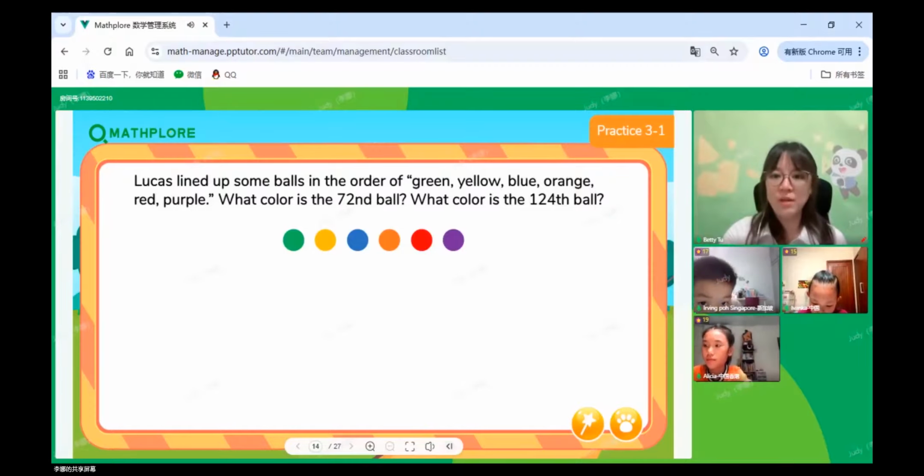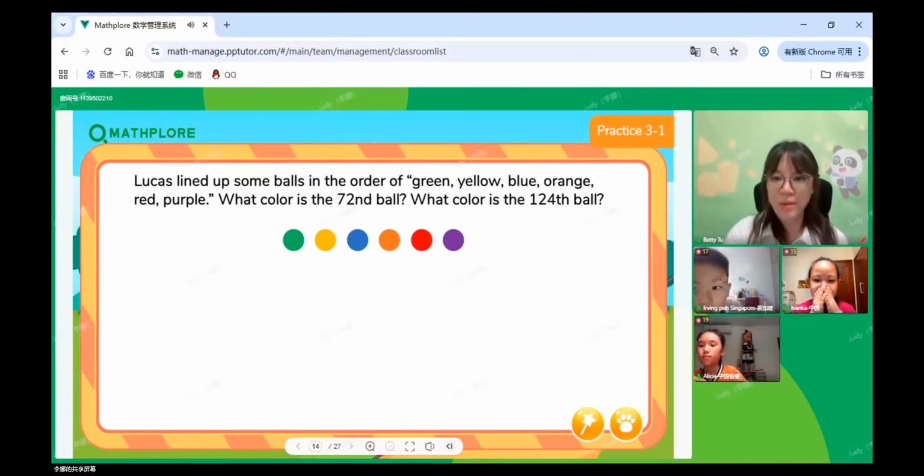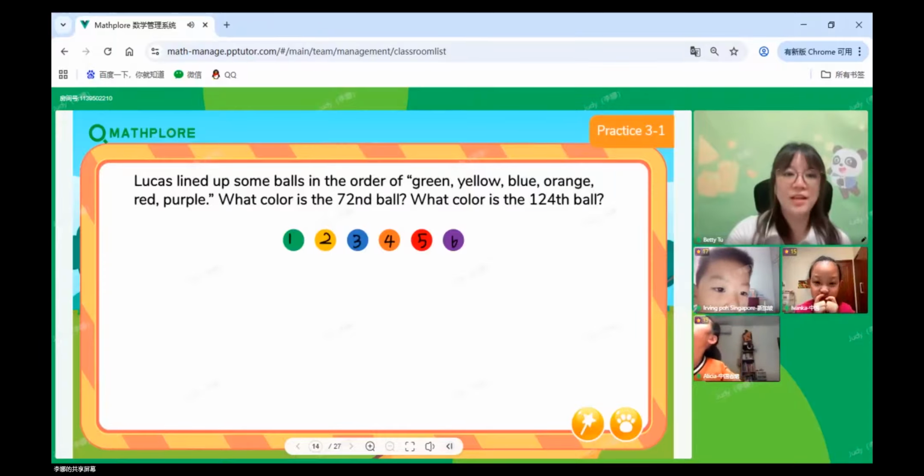There is a pattern repeating with this period, okay? So how many boards are there in one period? 6. Good, 6, all right.